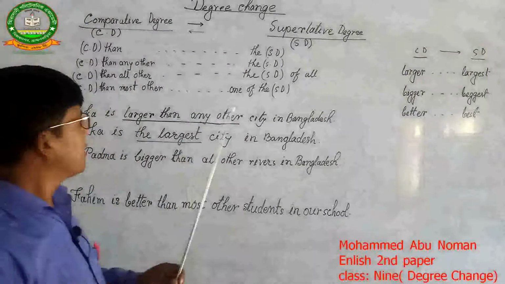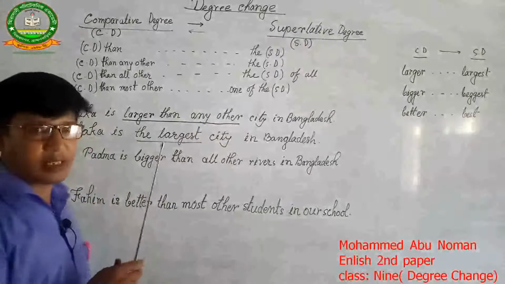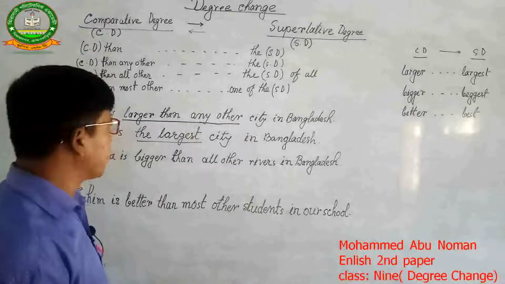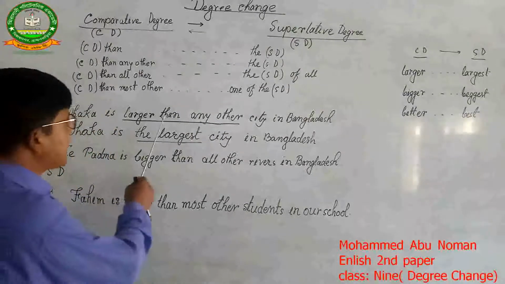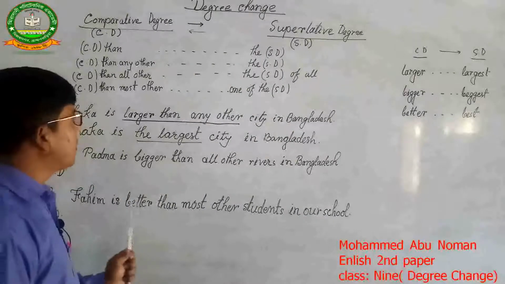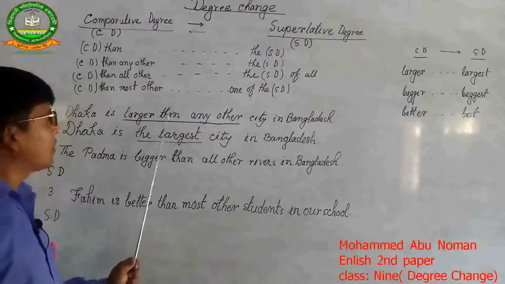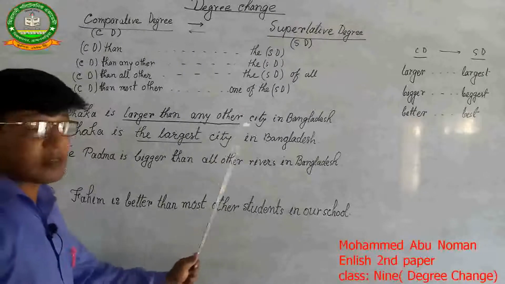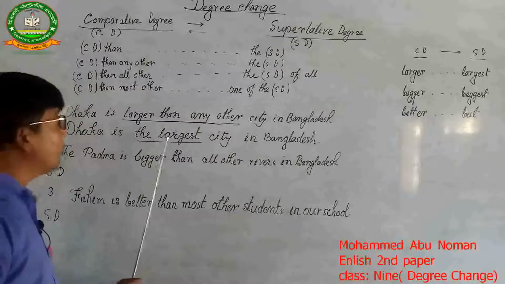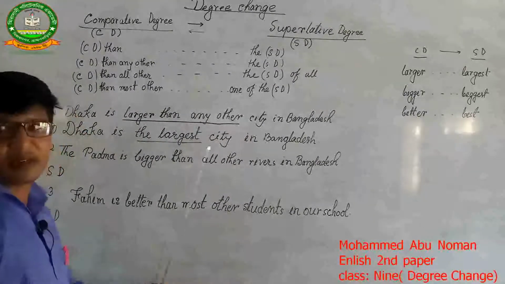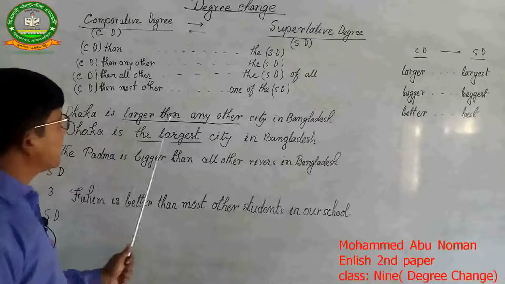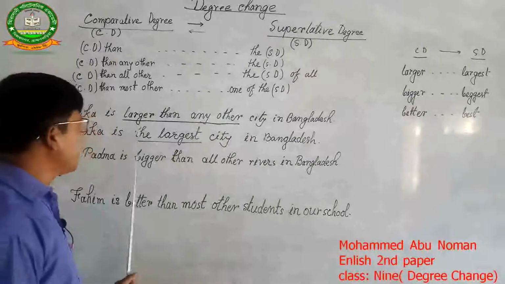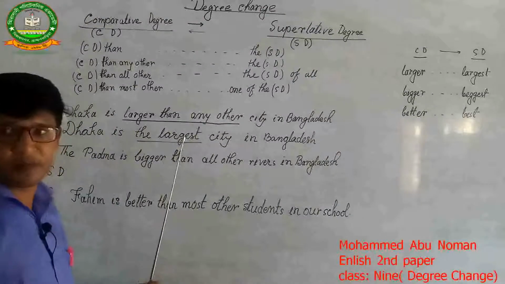We don't change any part of the sentence other than the degree. Here, "larger than any other city" becomes "the largest city". Larger than any other is the comparative form, the largest is the superlative form.